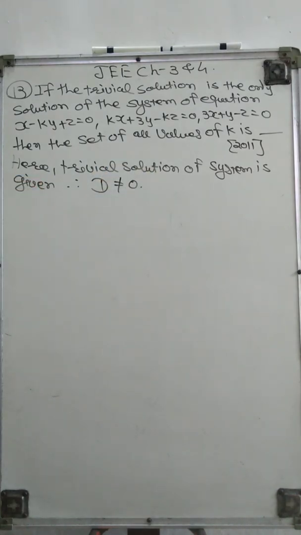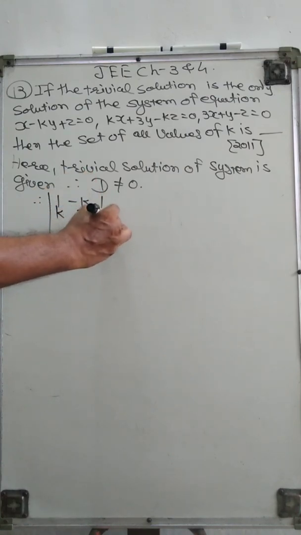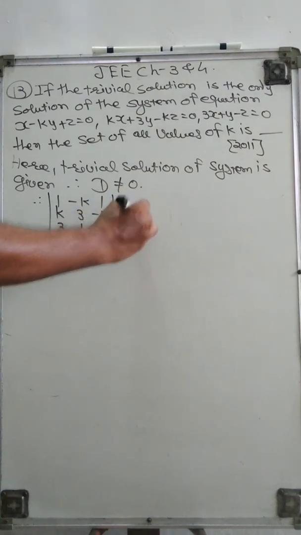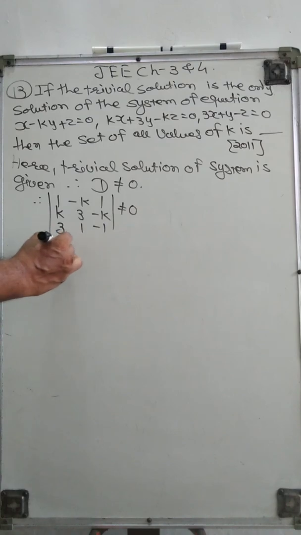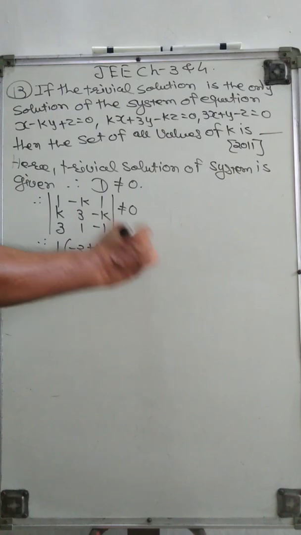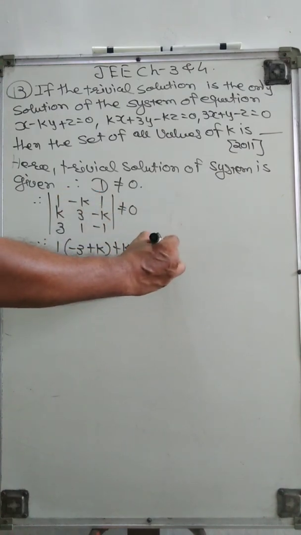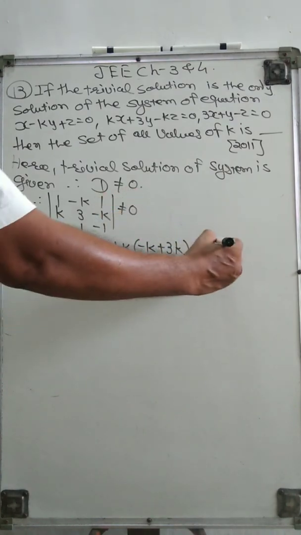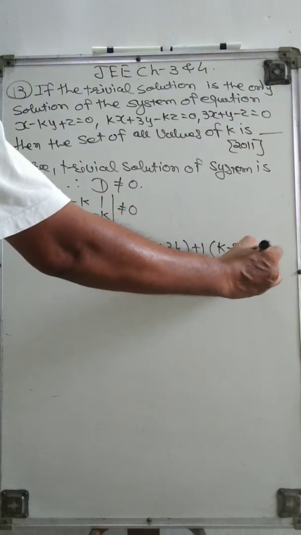Here remember this thing. Here D is not equal to 0 means the determinant of the coefficients of x, y and z is non-zero. Therefore the determinant 1, minus k, 1; k, 3, minus k; 3, 1, minus 1 is not equal to 0. Now we just simplify it. 1 into minus 3 plus k, then minus k into minus k plus 3k, plus 1 into k minus 9 is not equal to 0.